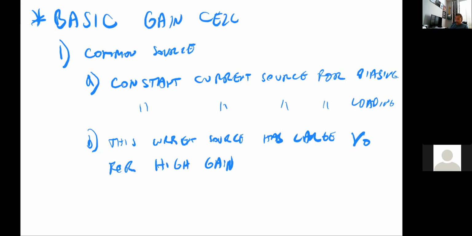Overall, for an amplifier, that's not great, but we're going to do something about that as we go through it. Now let's look at figure 8.13 in your books, which has the topology of this basic gain cell.